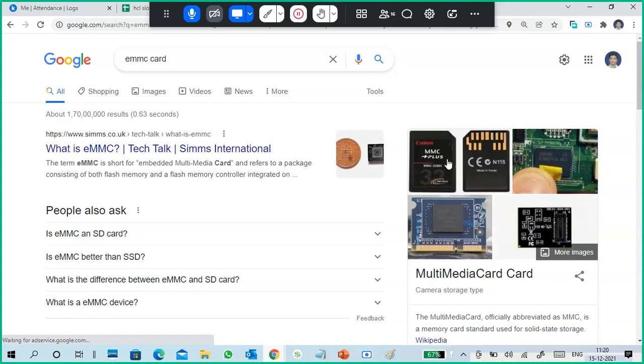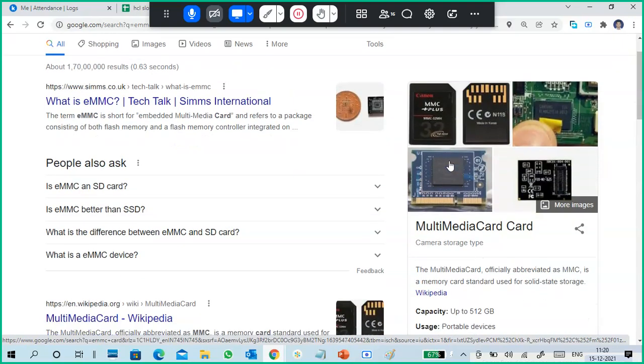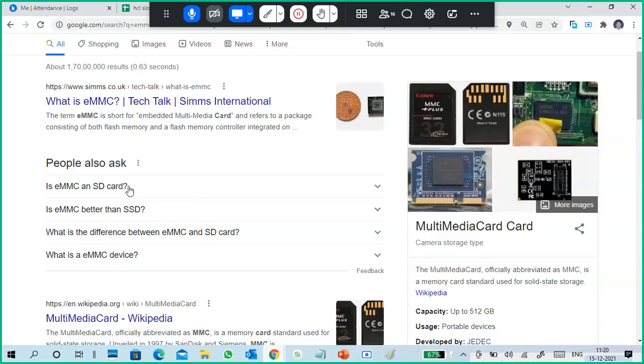These are like multimedia cards, usually used in cameras. You put these cards inside a camera, and when you take a picture it stores the data, right? So there is a little bit of difference.